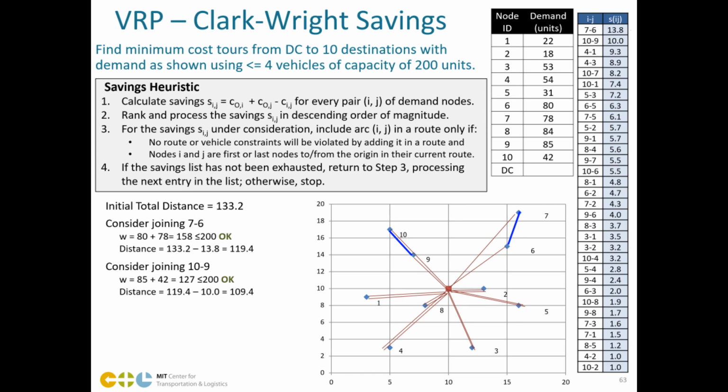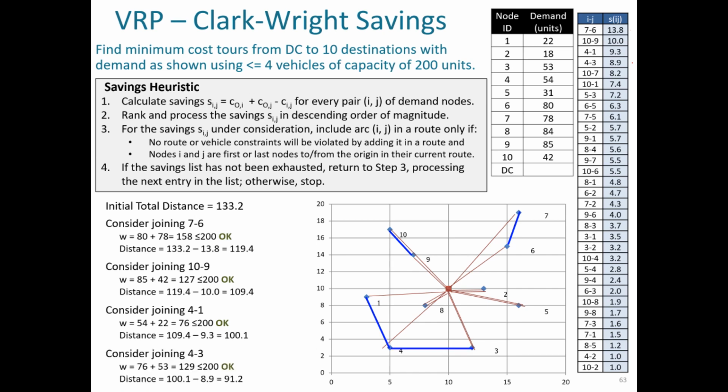Next, I'm going to look at combining nodes 4 and 1, because that's the next one on my list, for a savings of 9.3. Again, I look at the capacities and the demands, and it seems to be fine, so I'm going to add that together. And now the next one is 4 and 3. Because 4 is an end node, not an interior node, I can consider adding that.